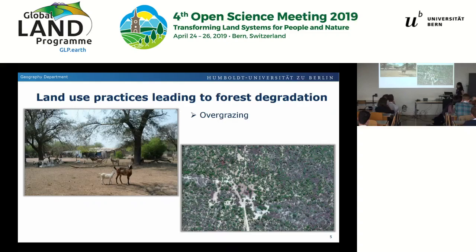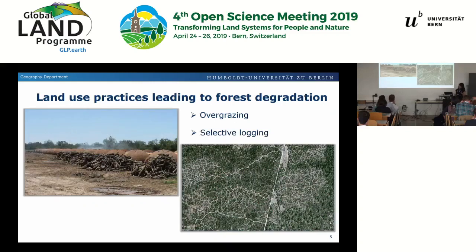Puestos are homesteads in the forest where generally one family lives, and the family lives out of small-scale cattle ranching, mainly cows and goats. The cattle is left free to graze in the forest, and the pressure of overgrazing is reported to be one of the causes of forest degradation.